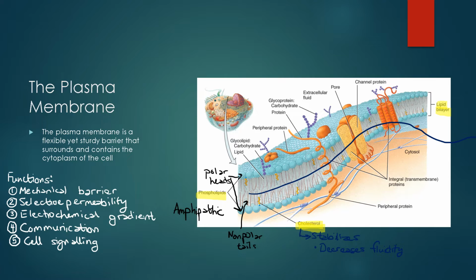So if there's more cholesterol in the plasma membrane, relative to phospholipids, it's going to be less fluid. Whereas if there's less cholesterol, then it's going to be a much more fluid plasma membrane.